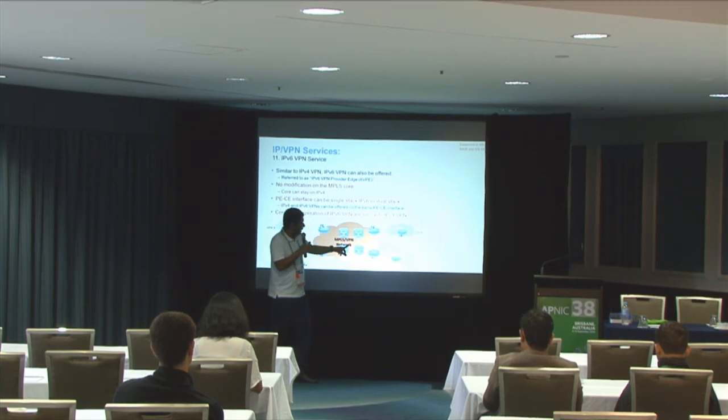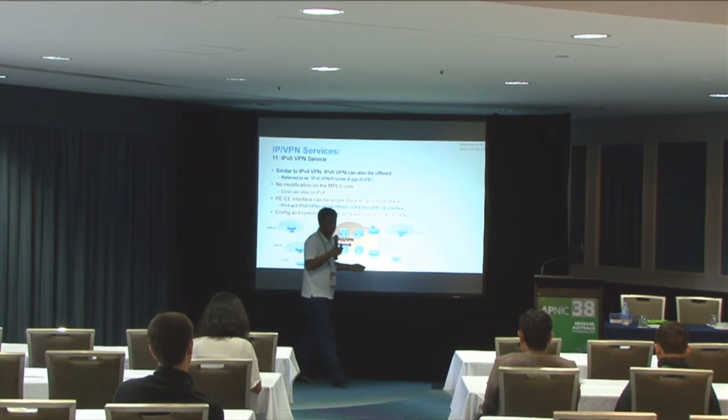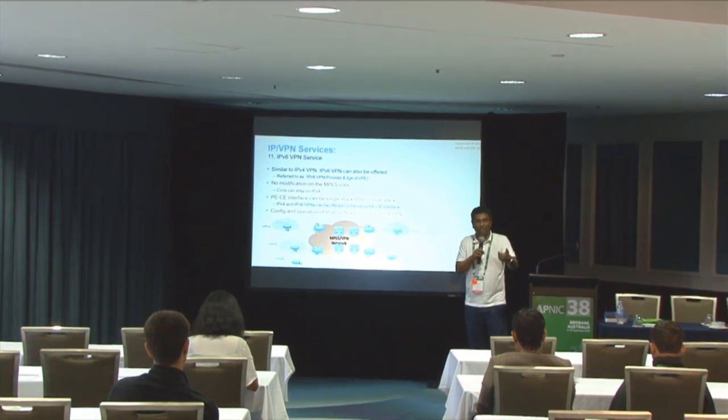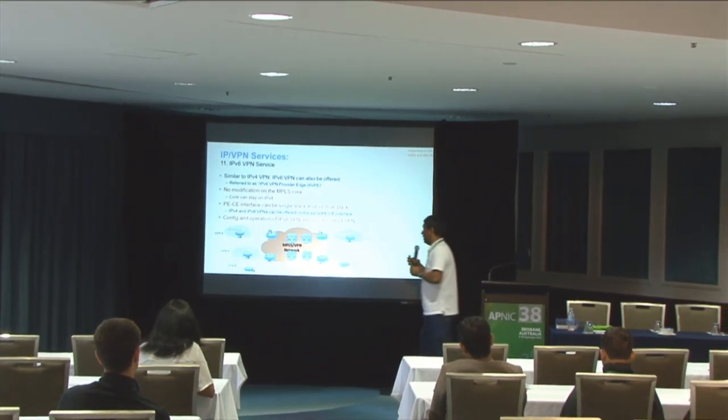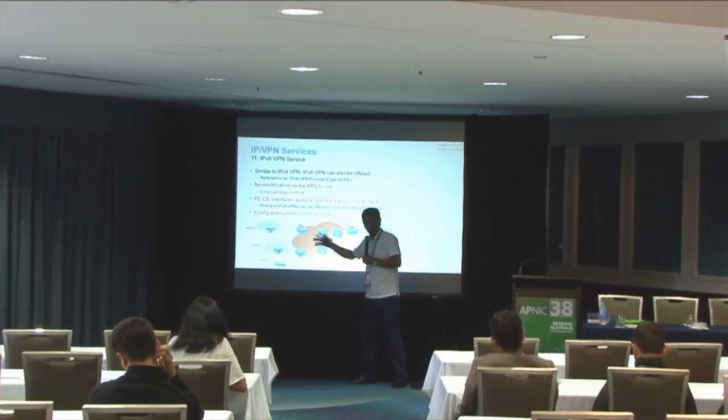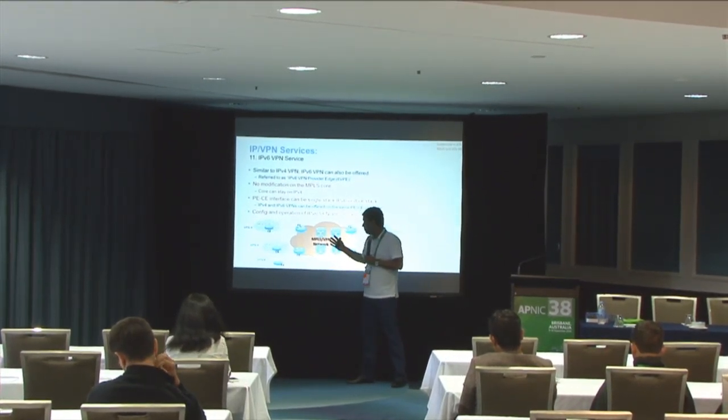When you have activated VPNv6 prefix, all the P routers are carrying two address families, IPv4 address family and IPv6 address family, but that is VPNv6 address. But your LDP is swapping just labels, that's it.